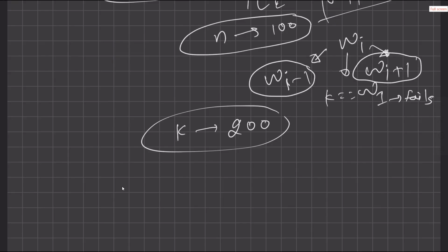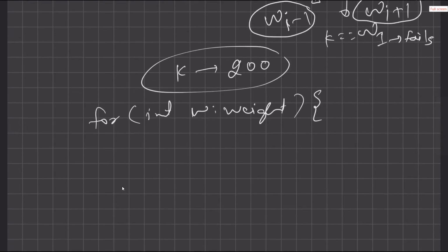So how are we going to do it now? Let me call the vector of weights w. For each value, one time I'll take k as w minus 1, the other time I'll choose it as w plus 1.